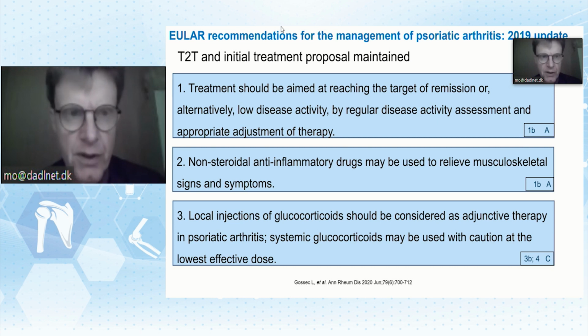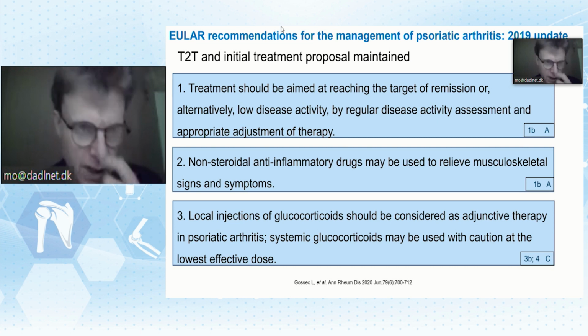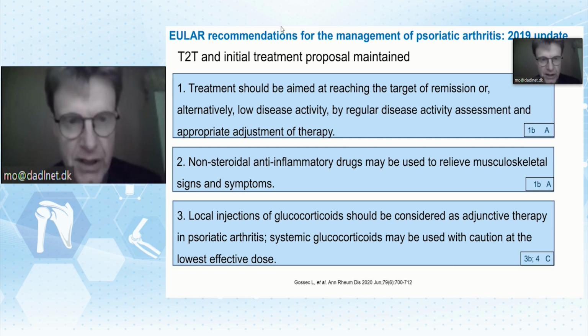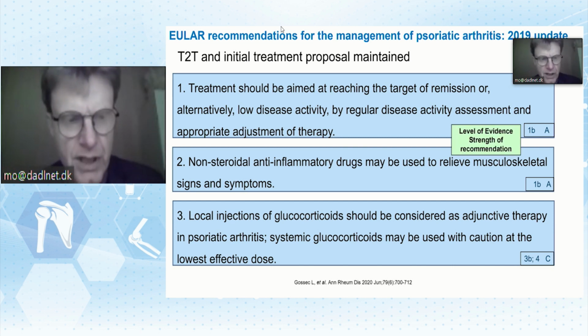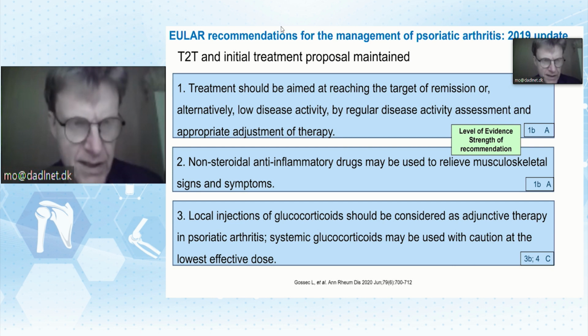NSAIDs could be used to relieve musculoskeletal symptoms, and local steroid injections could be considered, while systemic glucocorticoids are not generally recommended. They could be used with caution and at the lowest effective dose, but not as a general principle.